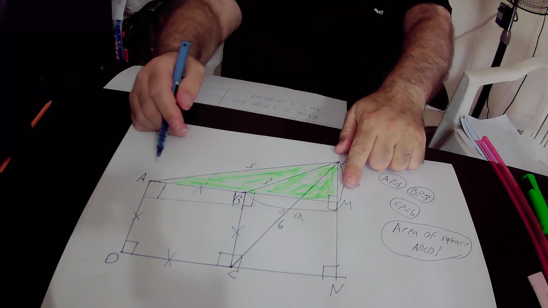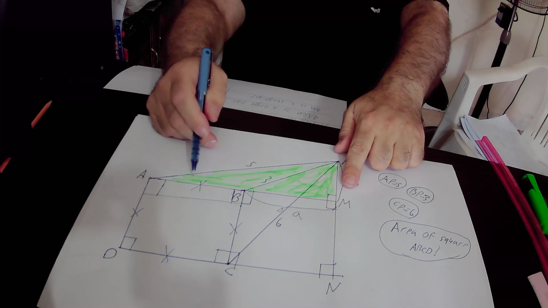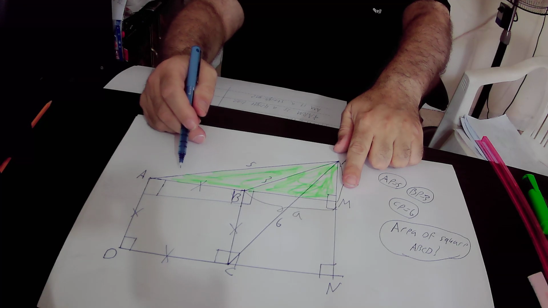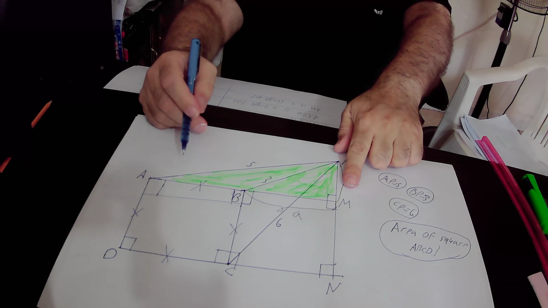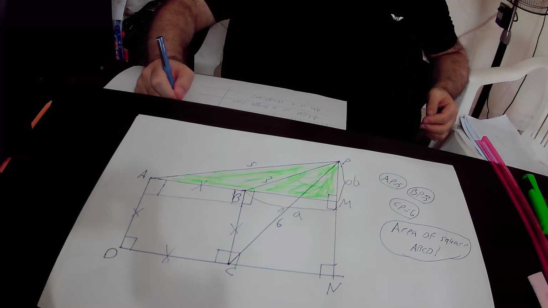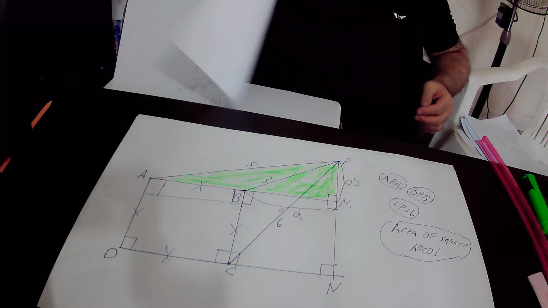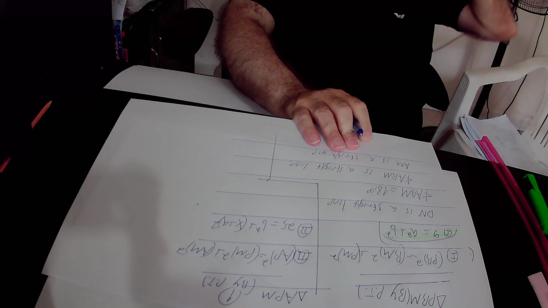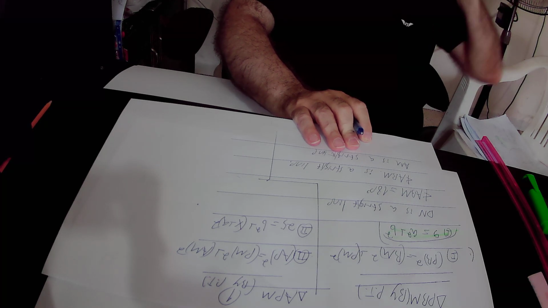It is very easy from the drawing that AM equals x plus a. If AM equals x plus a, it means that AM squared equals (x plus a) squared. In conclusion, according to equation number 2, 25 equals b squared plus (x plus a) squared.